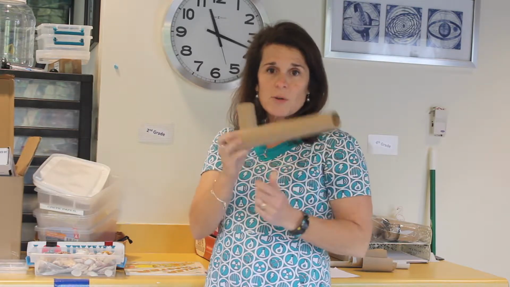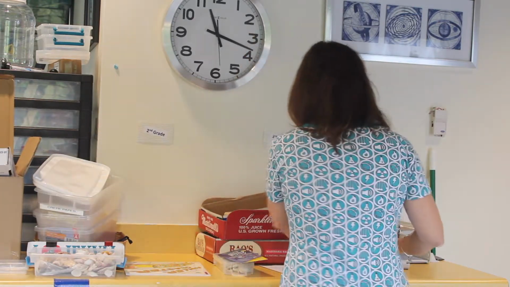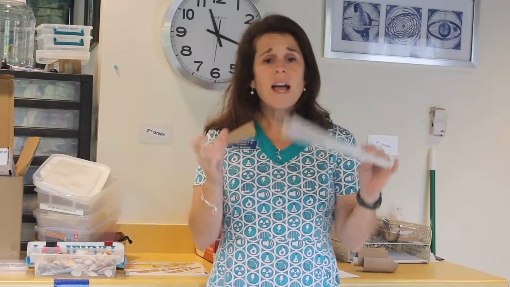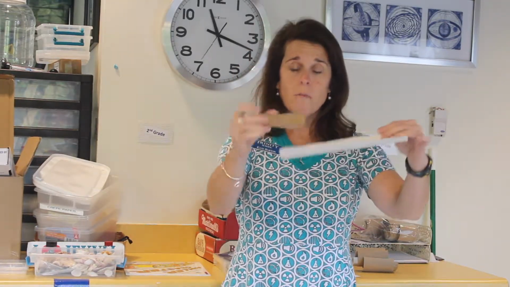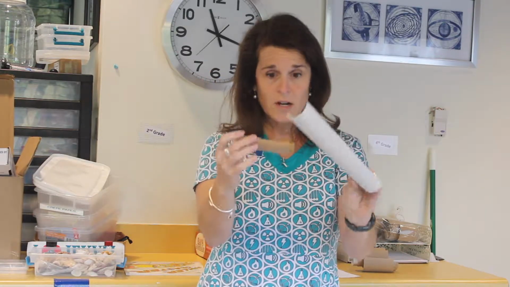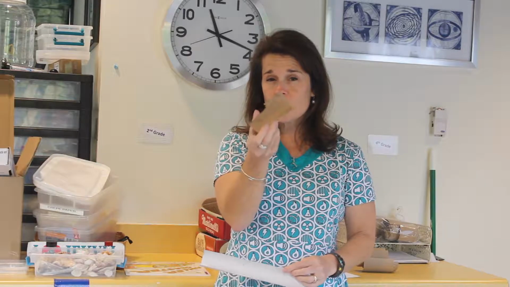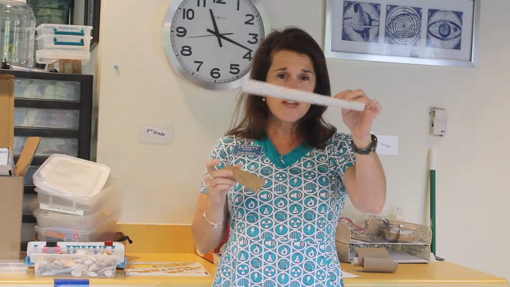Before I go into a class, I have them prepped. I cut them lengthwise so that then they become marble run tracks. It's much more useful to have a lot of the bath tissues cut in half than the paper towel.